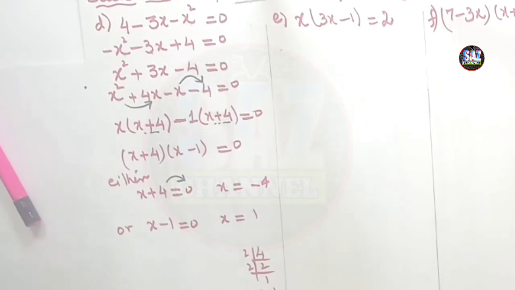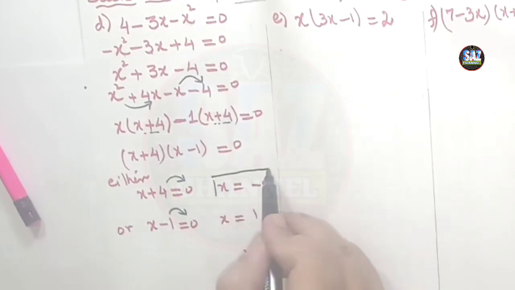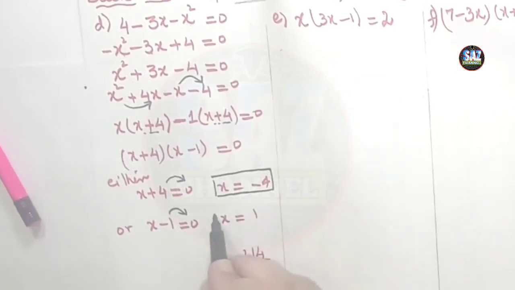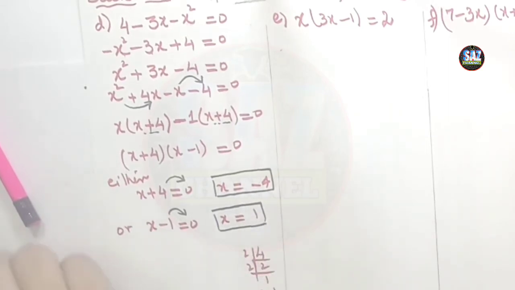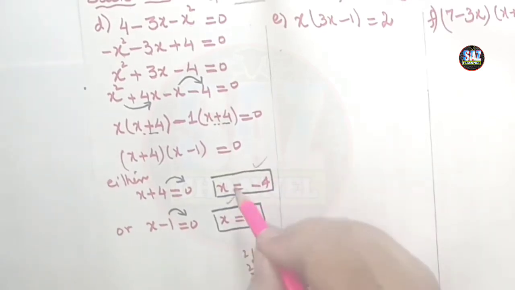Shift minus 1 to other side. So we have solved this question, and the solutions of this question are minus 4 and 1. We have to be very careful about this, that as equation is the quadratic equation, it must have two solutions. Let's move to the next part.